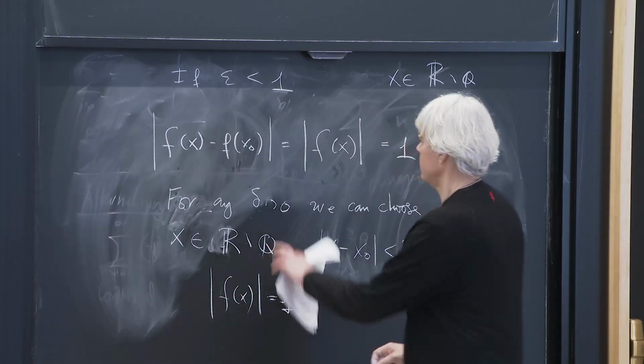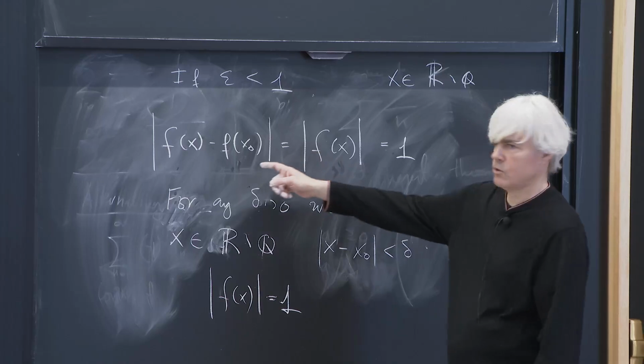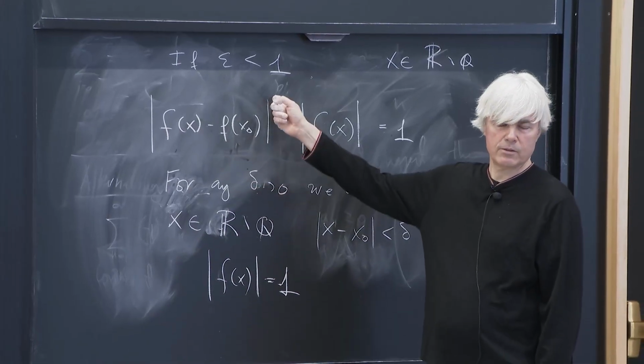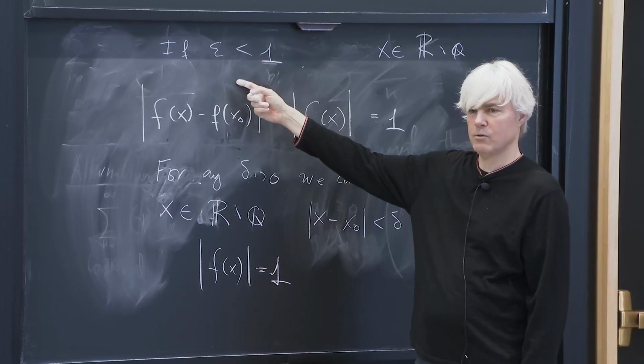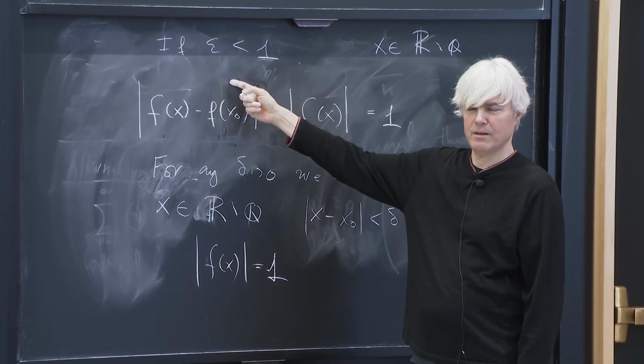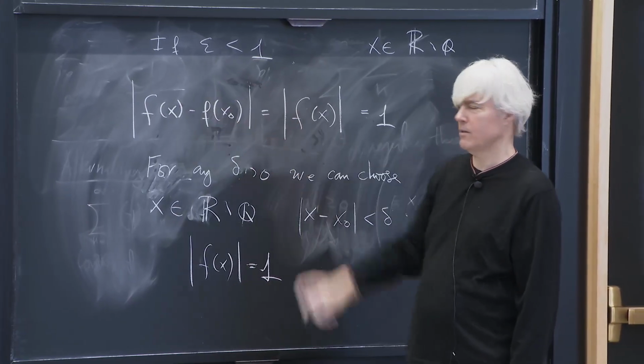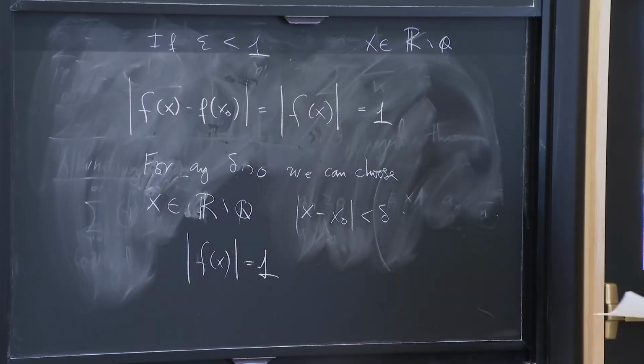And so this difference here was supposed to be smaller than epsilon, but that's not the case. If epsilon is smaller than 1, it's definitely not. It's 1. Right?